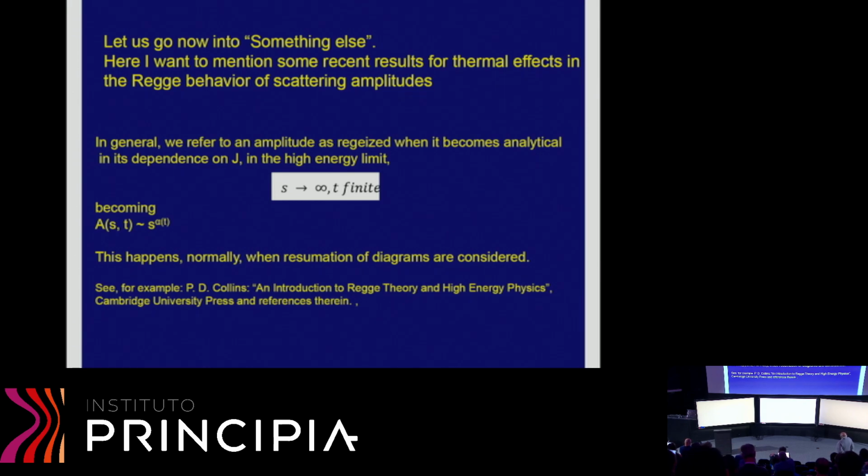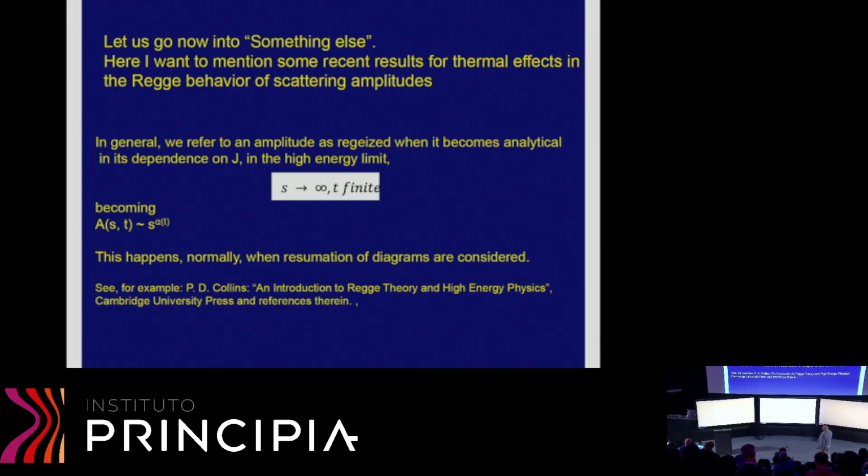In general, we say that an amplitude becomes Reggeized when it has an analytical behavior in angular momentum, and in the high energy limit, when the s variable, the Mandelstam variable, goes to infinity, staying at finite t, then you find this kind of behavior.